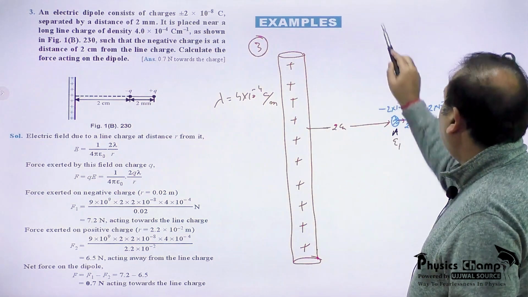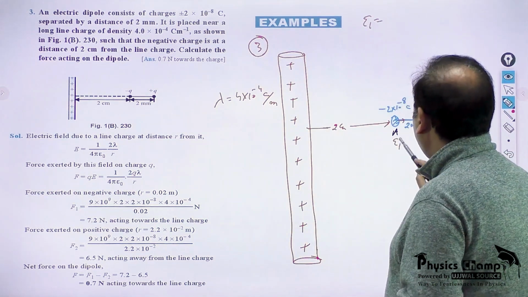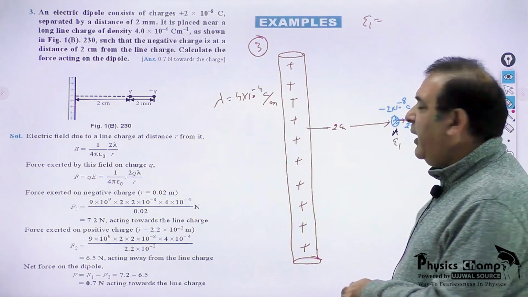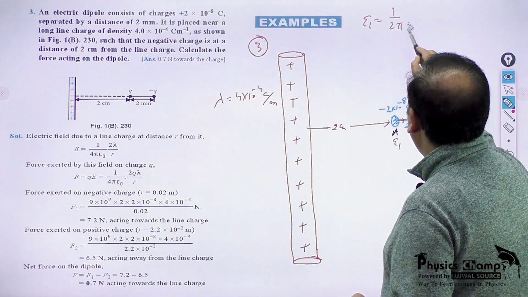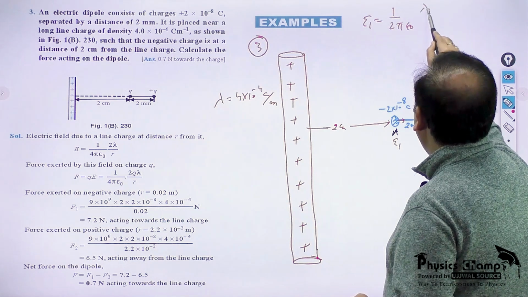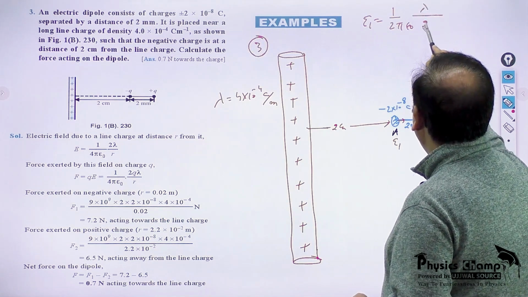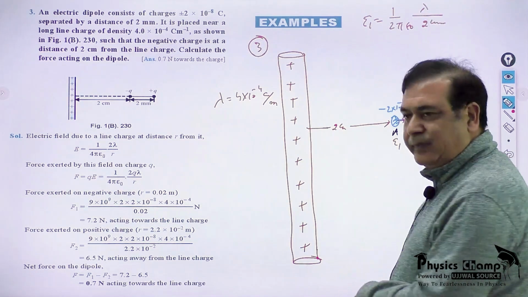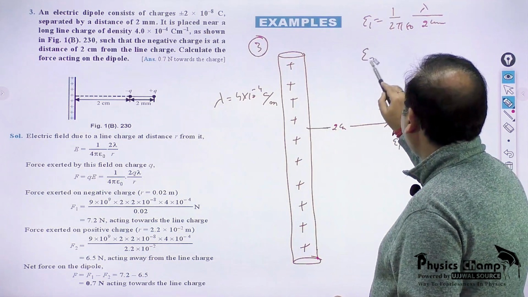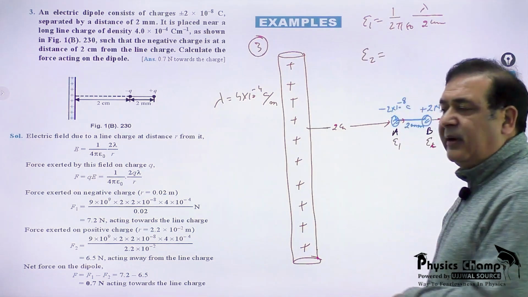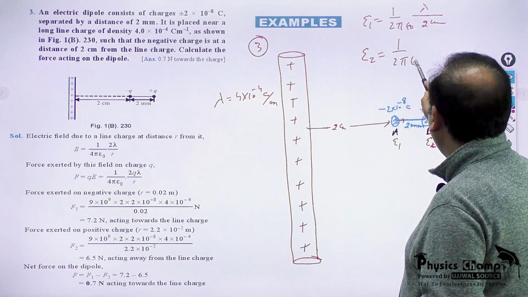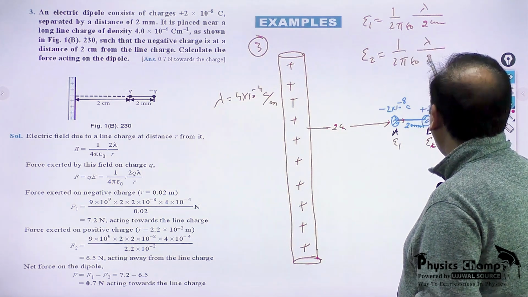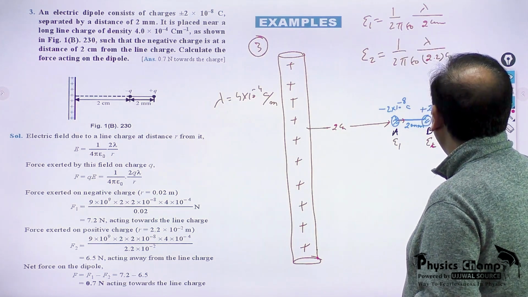So if I say how much is E1, the electric field at A, your value will be 1 by 2 pi epsilon naught lambda by 2 centimeter. And E2, the electric field at B, will be 1 by 2 pi epsilon naught lambda by 2.2 centimeter.